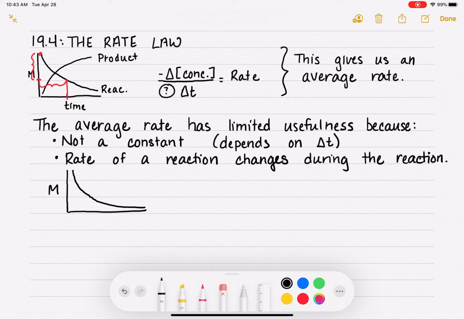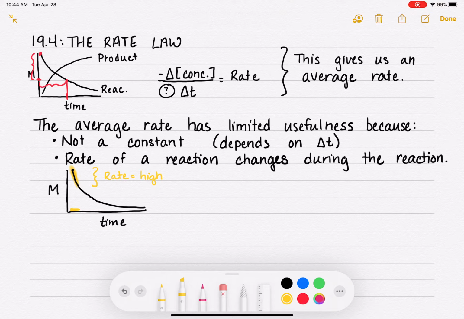Initially in the reaction, like right in this area right up here, where we have a high concentration of this reactant, we can see that its concentration is decreasing pretty fast, and that's because we have a lot of it. So in this area of the graph, during this particular time frame in the reaction, the rate of this reaction is very high, meaning that it's reacting quickly, because there's a high concentration of it.